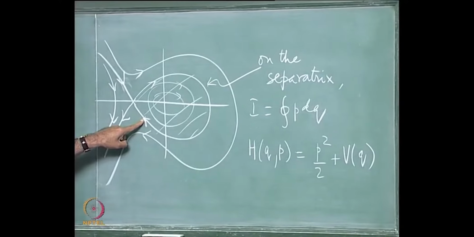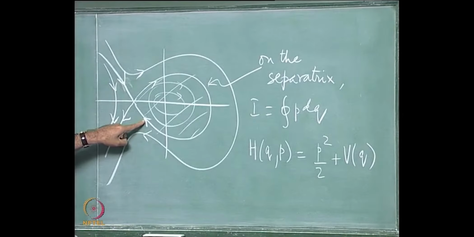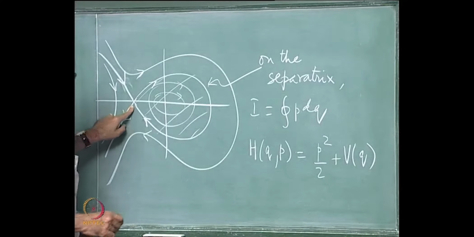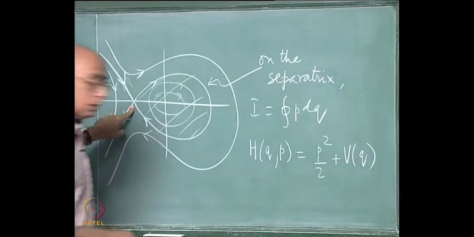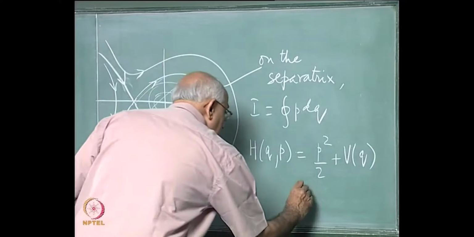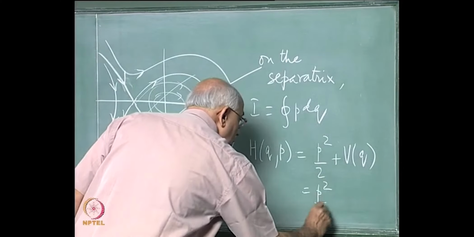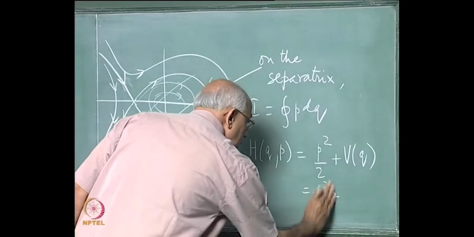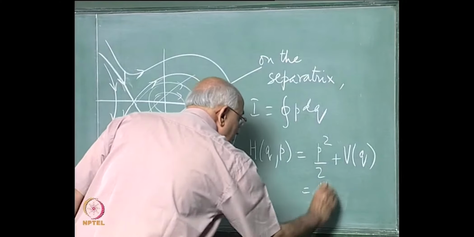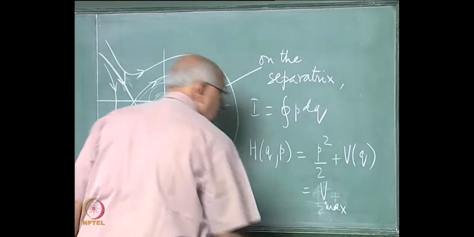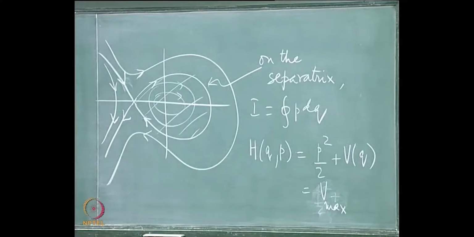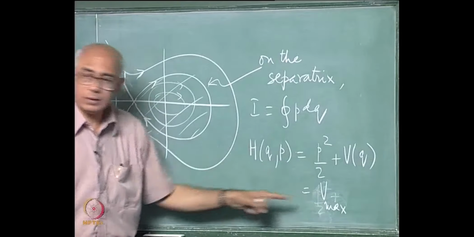The Hamiltonian had a very specific value which corresponded to an extremum of the potential here, the maximum of the potential. So if I call that V max, this was also equal to V max, the numerical value of the potential energy at its maximum, and this is the equation to the separatrix.